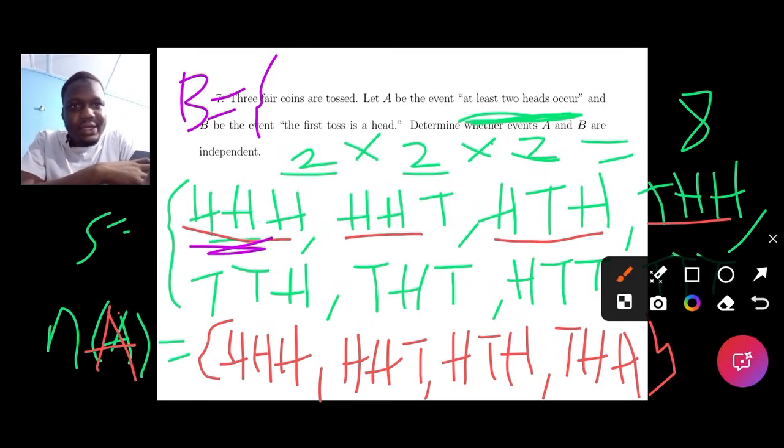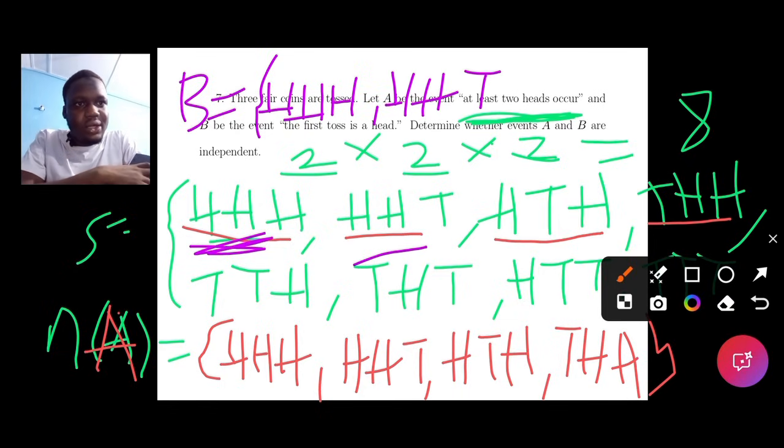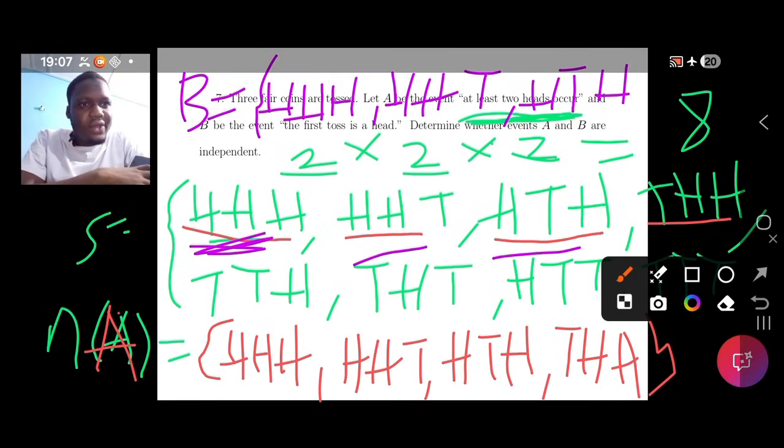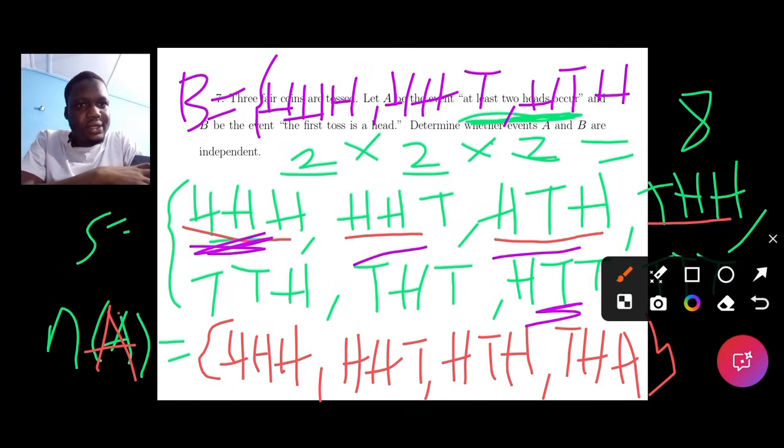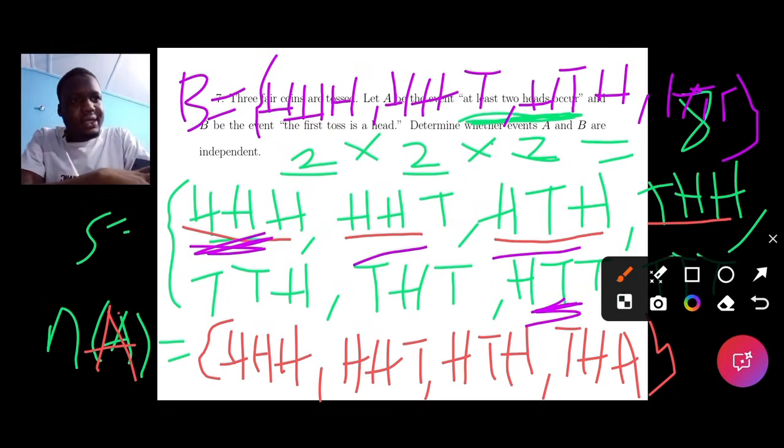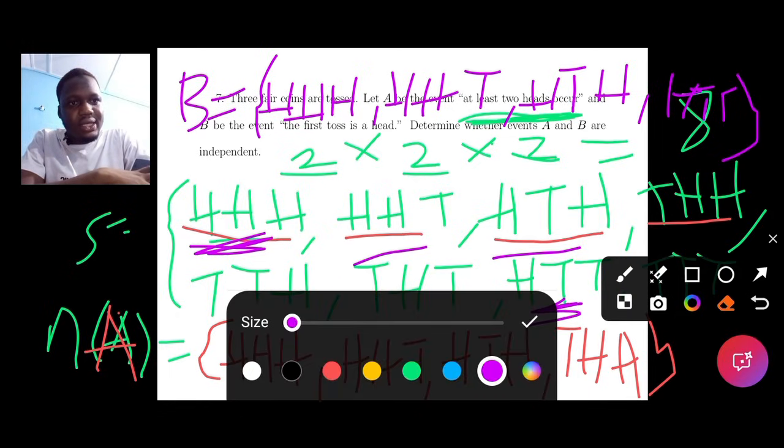So we have this H, H, H starts with an H. This also starts with an H. This starts with an H. And finally, this guy also starts with an H. Good. Now let me clean the sample space so that we can find the intersection.